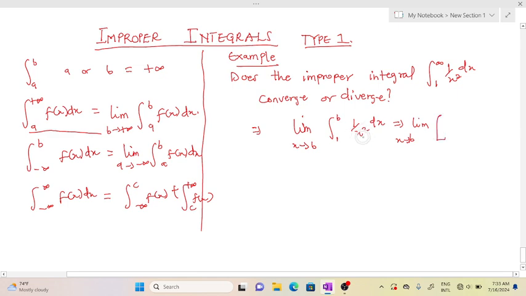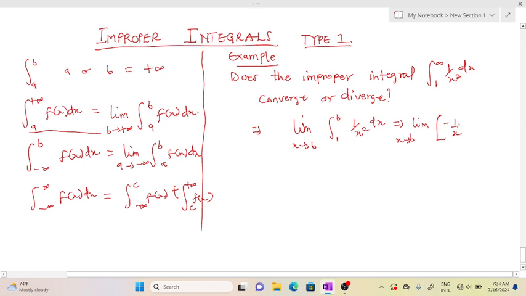When you integrate 1 over x squared, what are you getting? This is the same as x to the power negative 2. So when I add 1, I'll get negative 1, and I'll have the negative 1 power dividing it. So I'm going to have negative 1 over x after my integral.